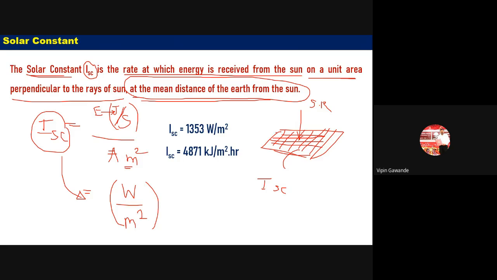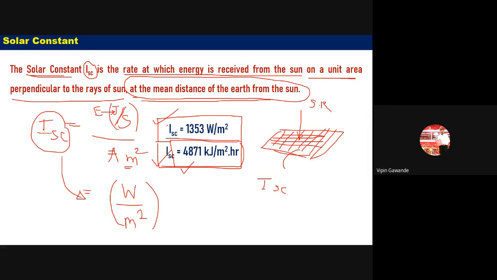This is a constant value, and we have to take this value as 1353 watt per meter square, or 4871 kilojoule per meter square per hour. That value will be given in the problem. If it is mentioned, then we have to take this value.